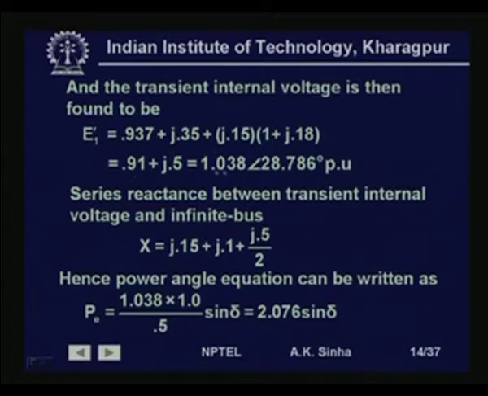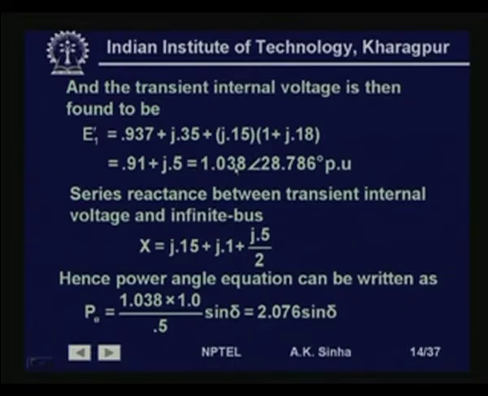So, this comes out to be 1.038 angle 28.786 degrees. That is, the initial delta angle for the machine is 28.786 degrees, and the magnitude of the voltage behind the transient reactance is 1.038.